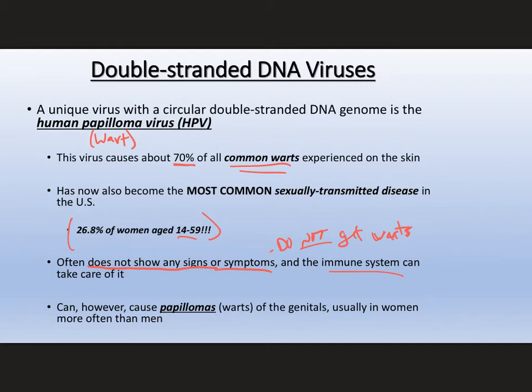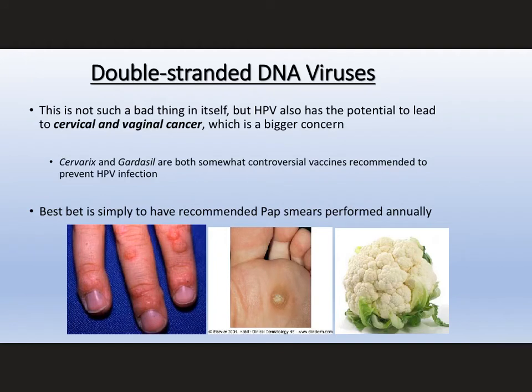The only way that you find out someone's HPV positive is typically by a test for that, which we'll talk about here in just a moment. Now, that said, it can cause papillomas or warts on the genitals, and the genital warts are also more common in females than they are in males. Now, we still haven't gotten to why this became such a serious concern just yet.